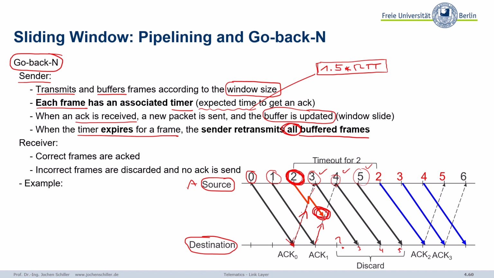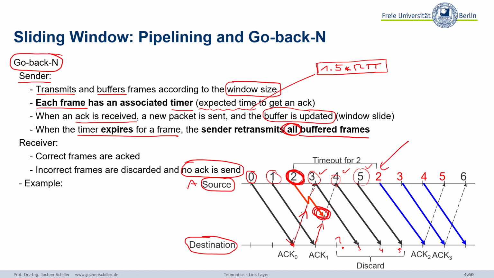But the receiver is still missing 2. Now it depends on the implementation what you do. In our simple case, no ack is sent. The receiver is very simple and doesn't do anything. It just maybe thinks, okay, there's something missing, but I don't do anything.